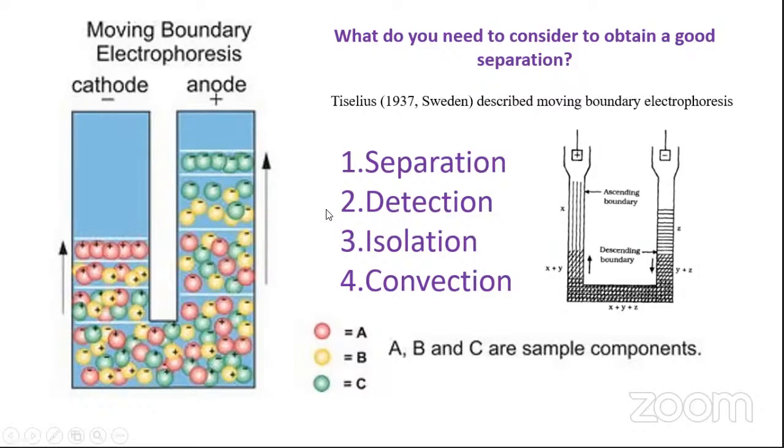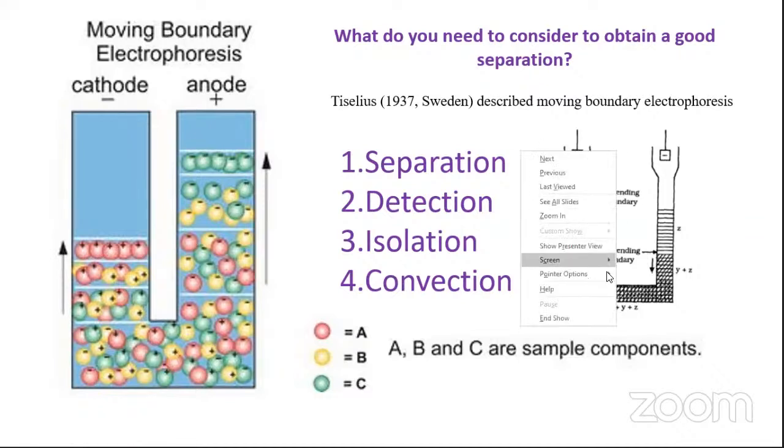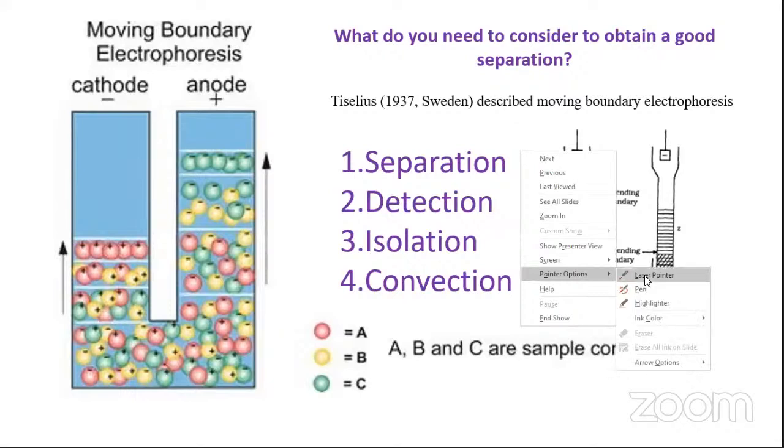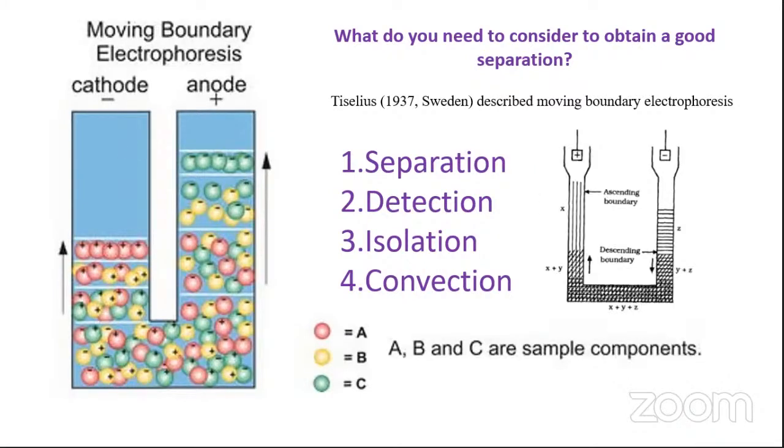The second is detection. How challenging is it in terms of detection? The method itself is referred to as moving boundary electrophoresis because you actually find out the movement of the boundary. The boundary is made up of those sample components which are going to move either the fastest of all or the slowest of all.